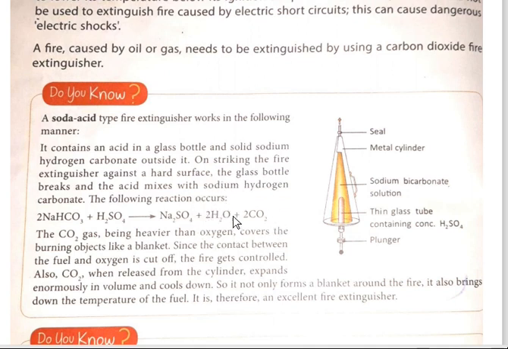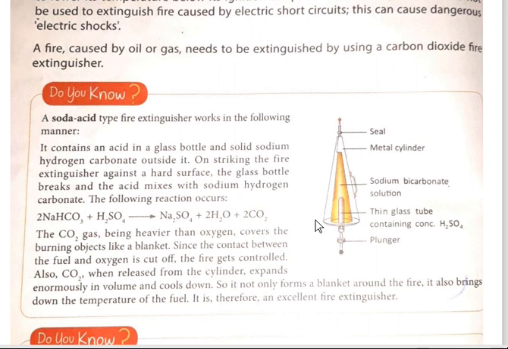Now, this carbon dioxide is at high pressure, and the gas comes out in the form of fizz and covers the burning object. As carbon dioxide is heavier than oxygen, it removes oxygen from there and covers it, and hence the supply of oxygen or air is cut, so the fire goes out.